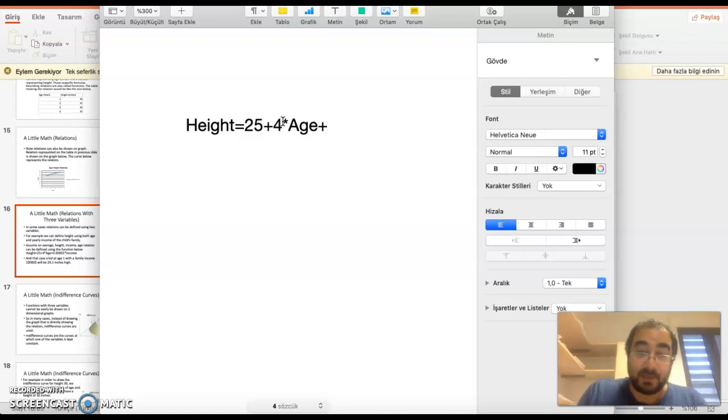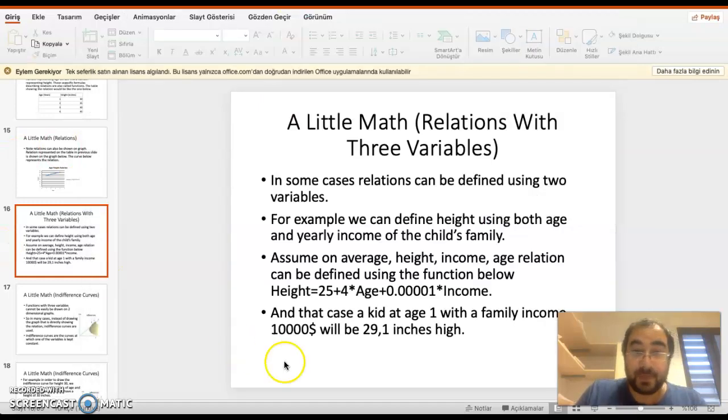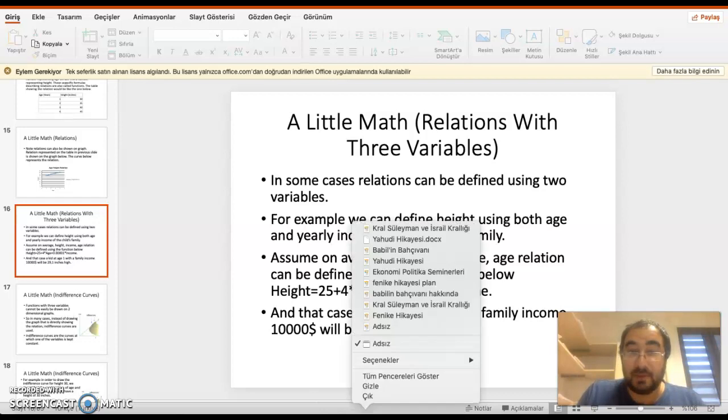Now we have another factor, 0.1 times income. Income is usually high, that's why I have a multiplier that is small.